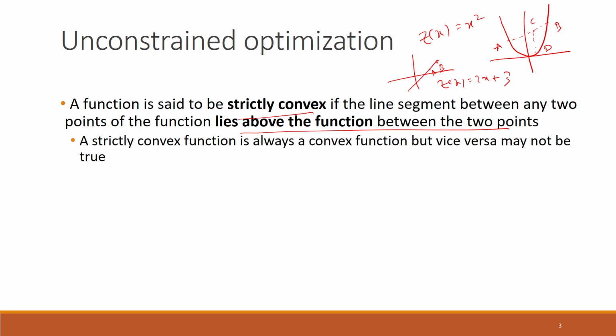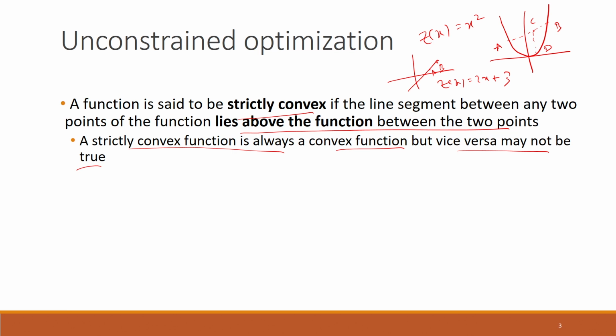We want the line segment to always be above the corresponding points on the function. Therefore, the strictly convex condition is tighter, or more restricted, than the convex function case.